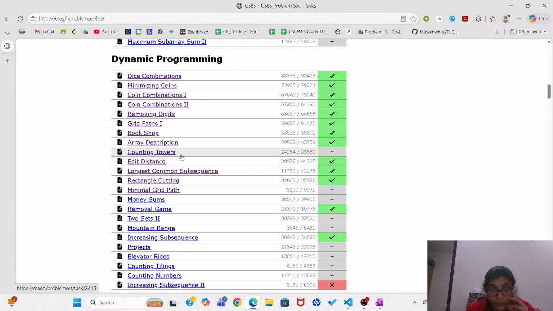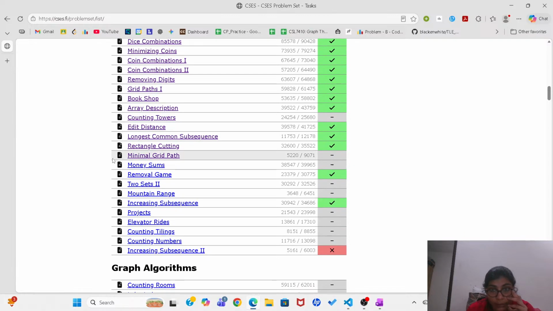So today our goal is to complete counting towers and minimal grid path. Just solving these two is enough for today. Let's not keep unrealistic goals. Yeah, this is my last problem for today. Minimal grid path.